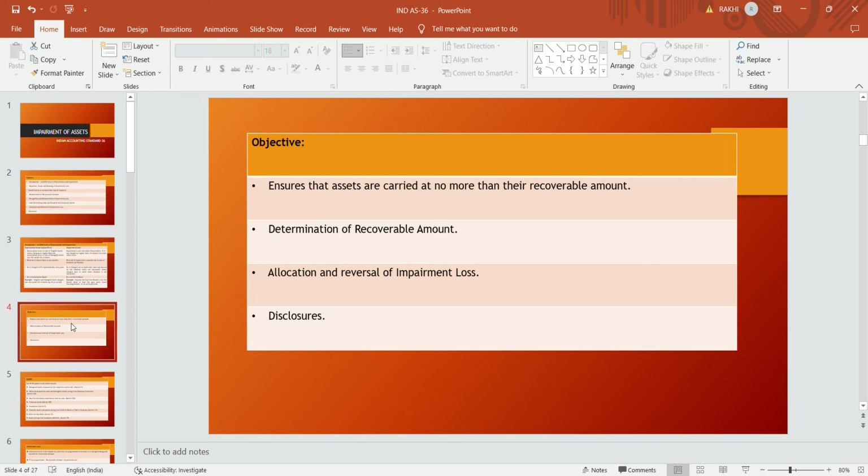How the company will allocate the impairment loss on a group of assets, and if there is a reversal, how they will do the reversal also on a group of assets. So these are the objectives of this standard, and also the disclosure, how the company will do the disclosure, the standard guides us.